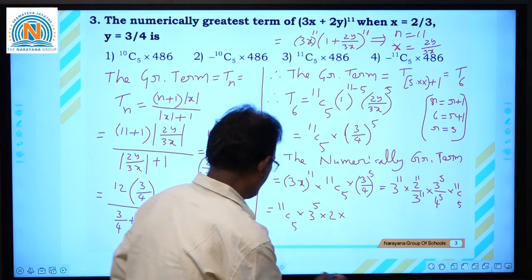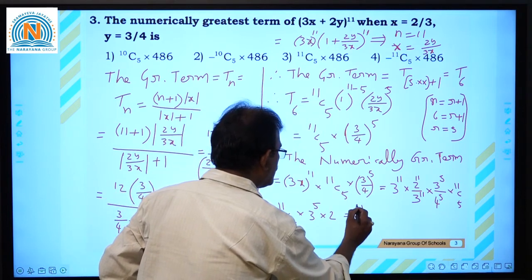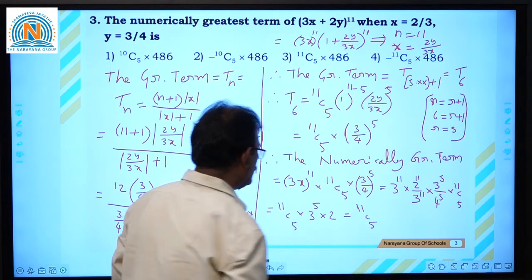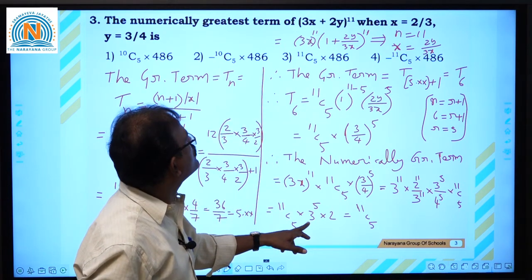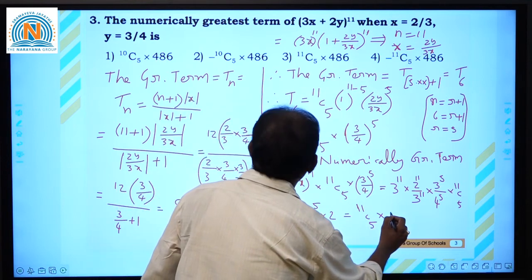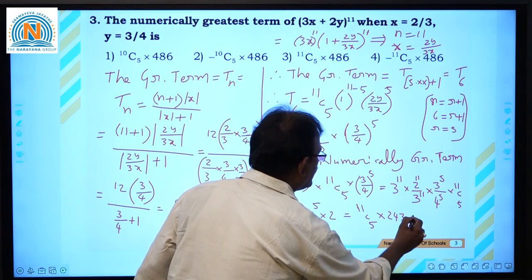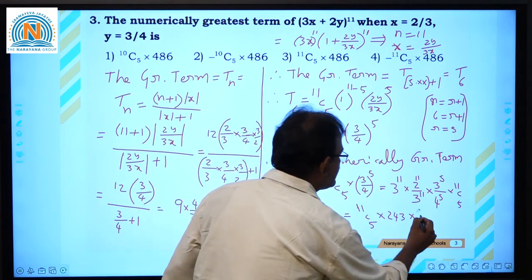That's all. Now this is 11C5 into 3 power 5. How much is 3 power 5? It is 243, into 2 is there.